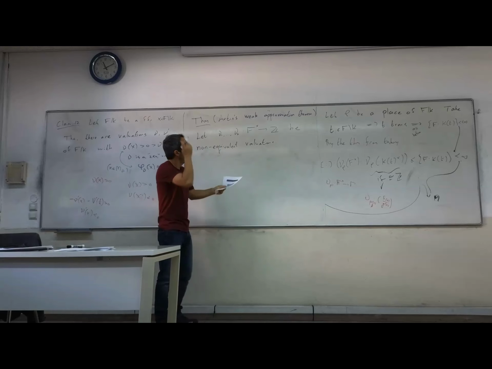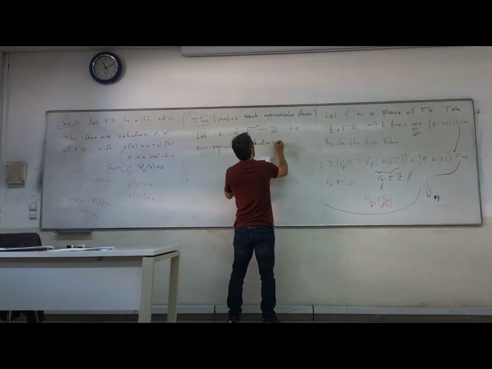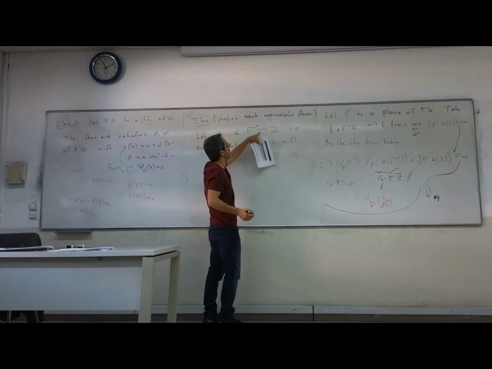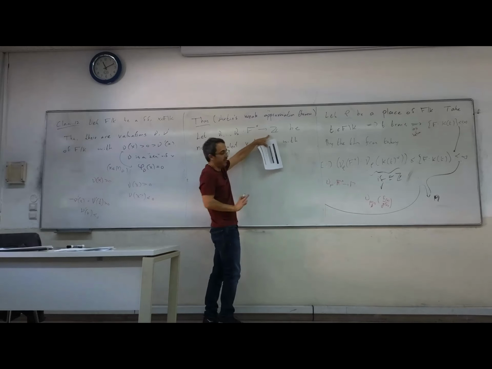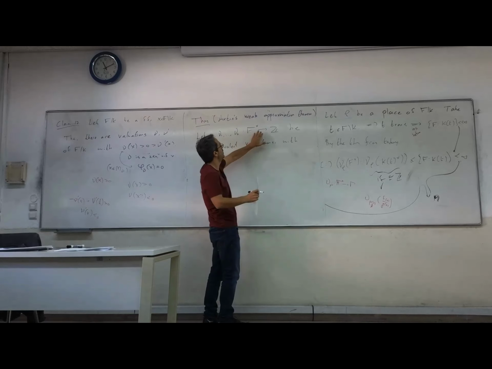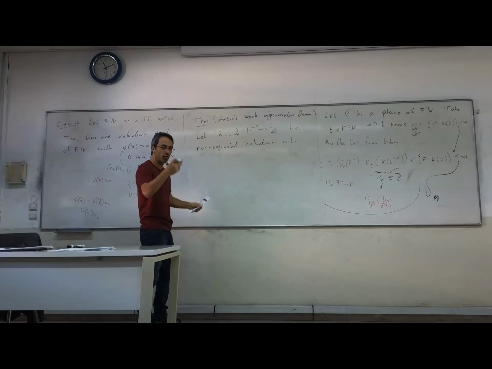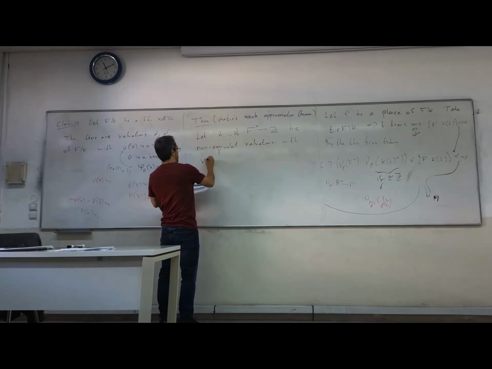And I'm also going to assume that they are onto. You see, I'm only taking discrete ones, because we know that in function fields they are going to be discrete. But here I'm not assuming anything about function fields. I'm just taking valuations that are mapped to Z, and in fact onto Z. If not, we can just normalize.